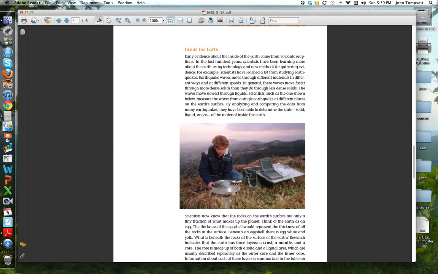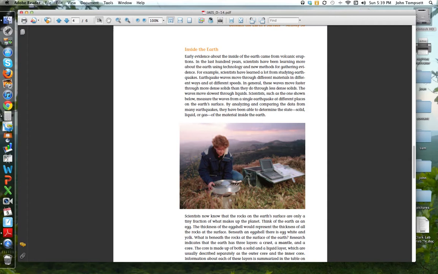Inside the Earth. Early evidence about the inside of the Earth came from volcanic eruptions. In the last 100 years, scientists have been learning more about the Earth using technology and new methods for gathering evidence. For example, scientists have learned a lot from studying earthquakes. Earthquake waves move through different materials in different ways and at different speeds.